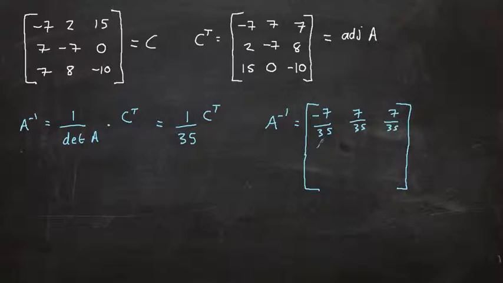Second row is 2 over 35, minus 7 over 35, and 8 over 35. Third row is 15 over 35, 0, and minus 10 over 35.